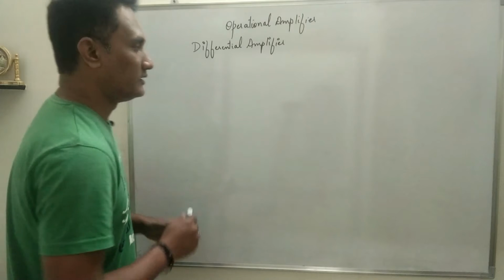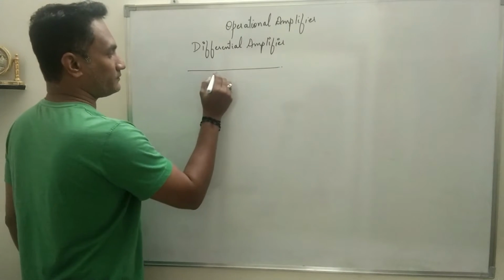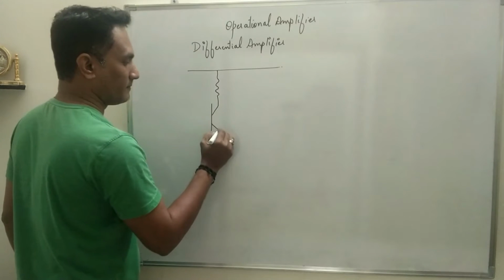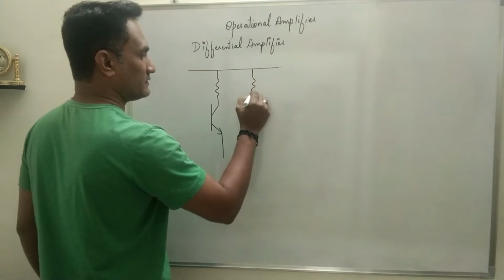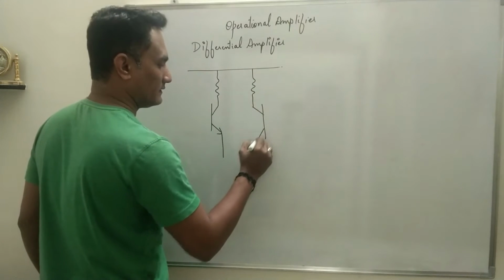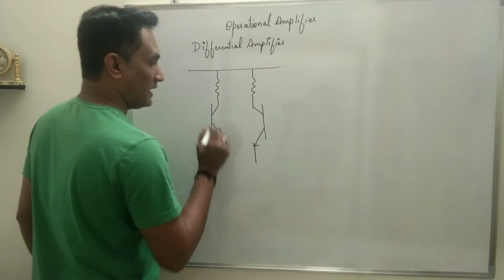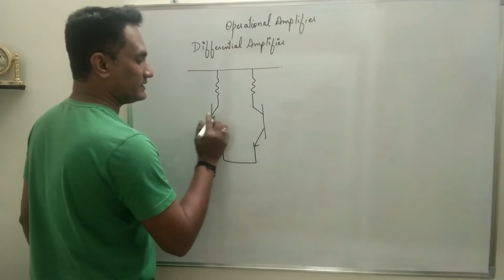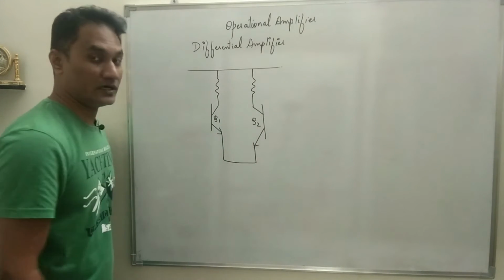See how the circuit diagram is drawn. This is the first transistor and this is the second transistor, and in this case the emitters of the two transistors, I will call them Q1 and Q2, are coupled together.